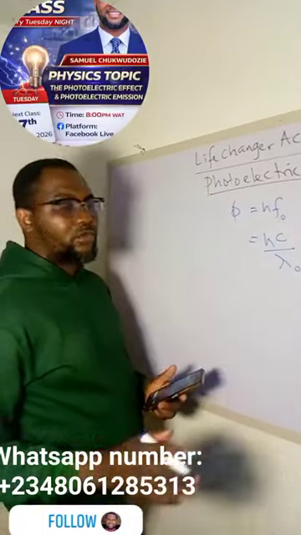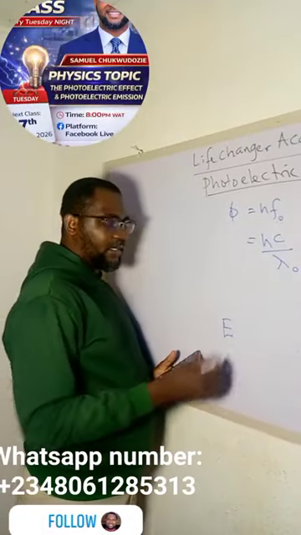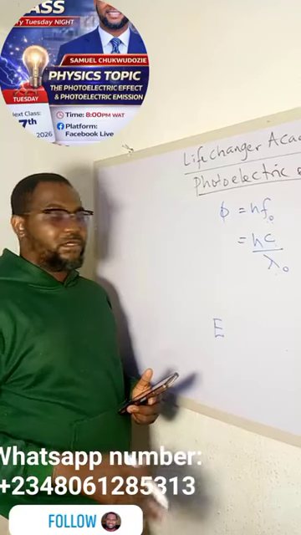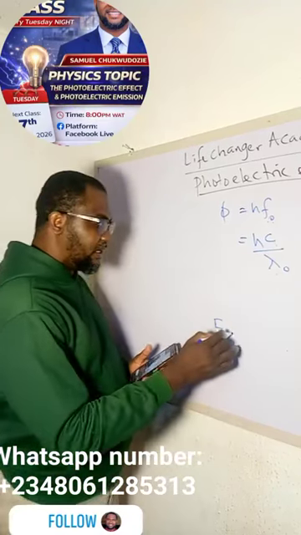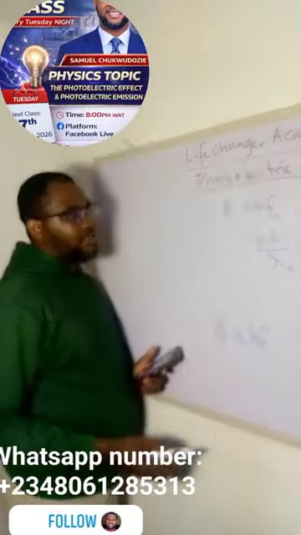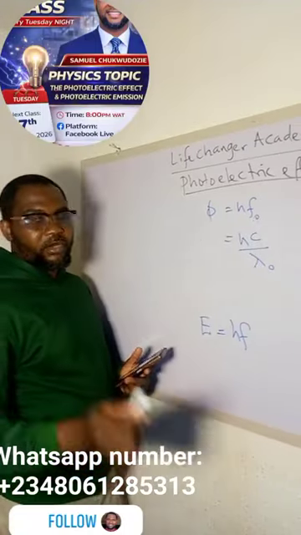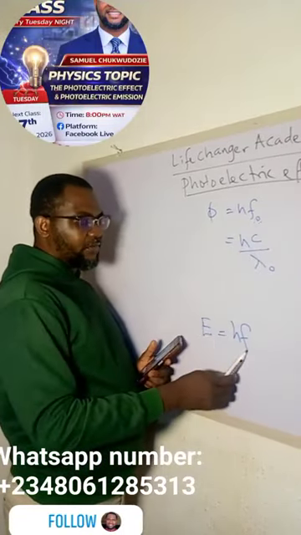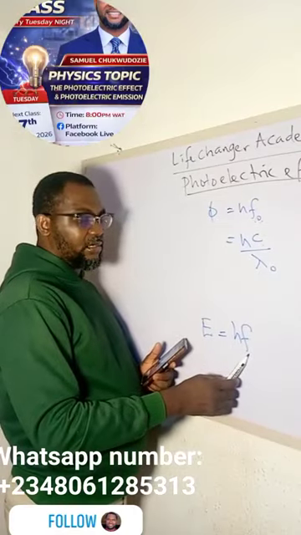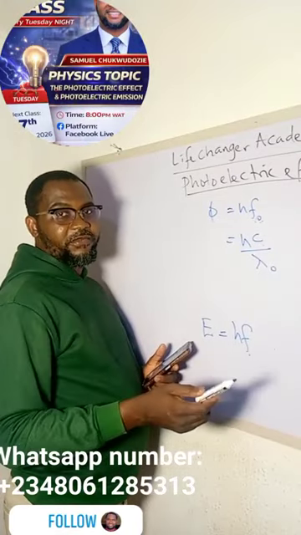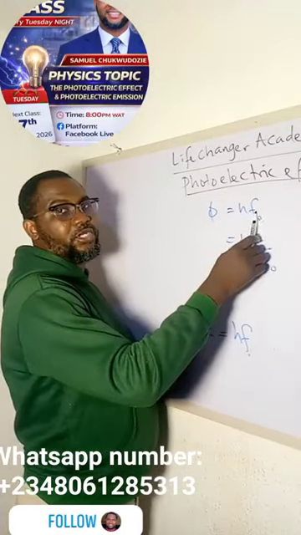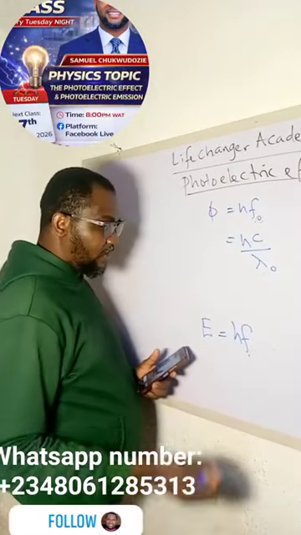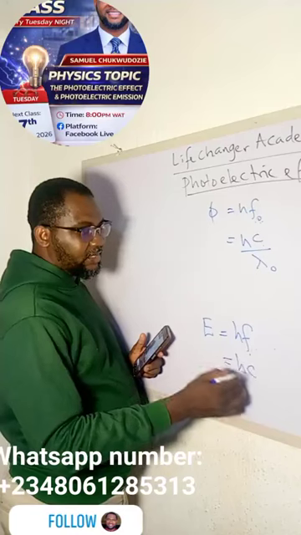Now, the second thing I want to mention is E, the energy of the incident light. The energy of the incident light is equal to hf, the same formula as the work function. But the difference is that in the work function, you need the threshold frequency, whereas for the energy of the incident light, you just need the normal frequency, which must be equal to the threshold frequency or greater for electron emission to occur. I can still write this as hc over lambda.